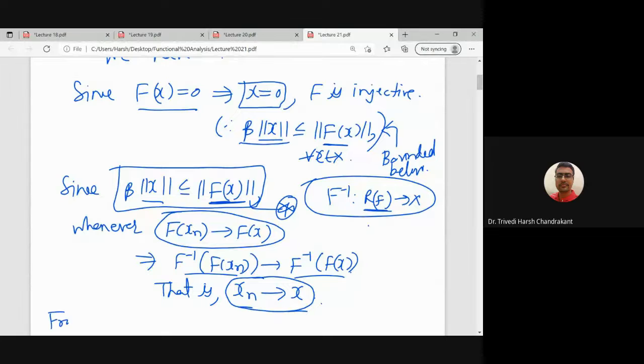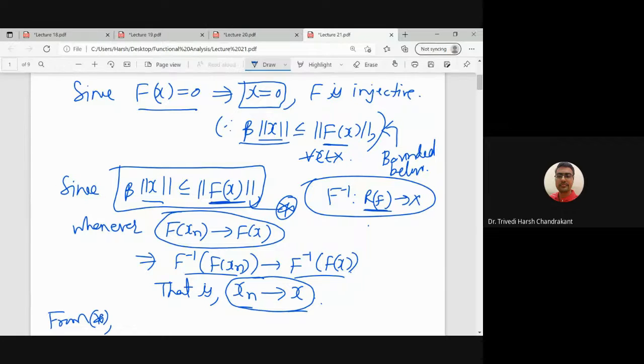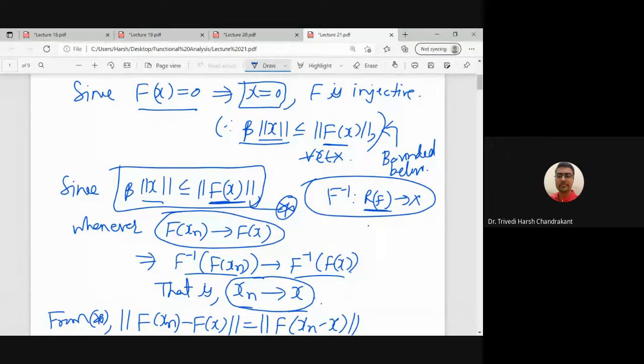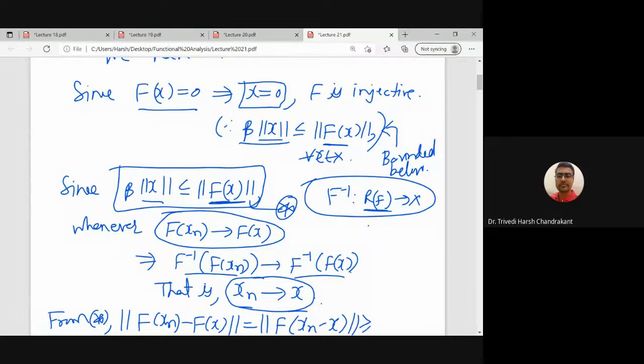From star, what is norm of fxn minus fx? That is basically norm of f(xn minus x) because f is a linear function. This is greater than or equal to beta times norm of xn minus x.